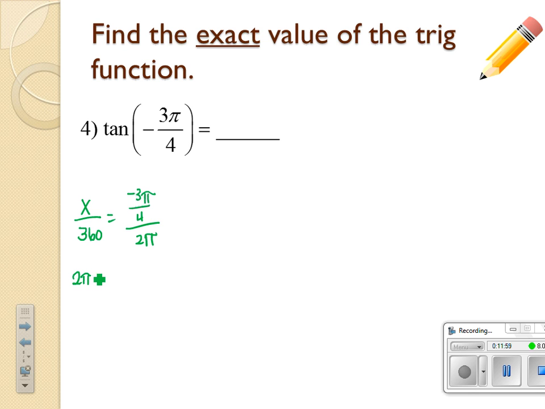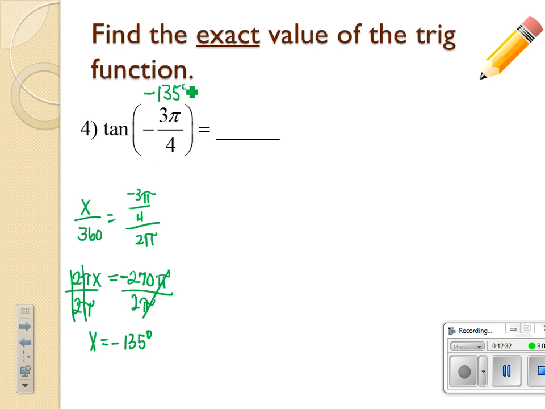That's 2 pi x equals 360 times 3/4 would be 270 pi, divide by 2 pi, that'd be negative 270, I'm sorry, because I needed to take it times negative 3 over 4, divided by 2 pi, the pi's cancel, and I get x equals negative 135 degrees.